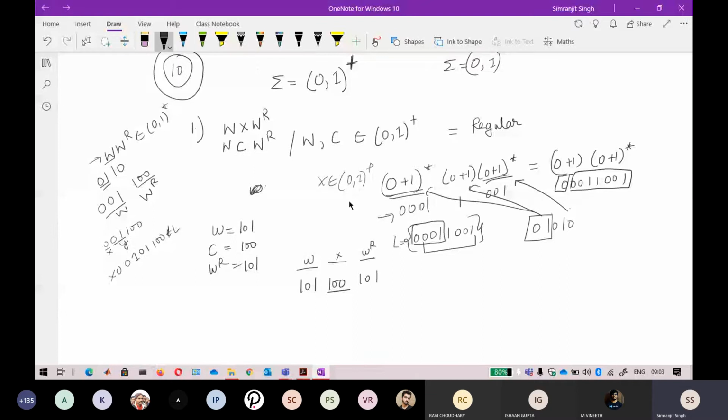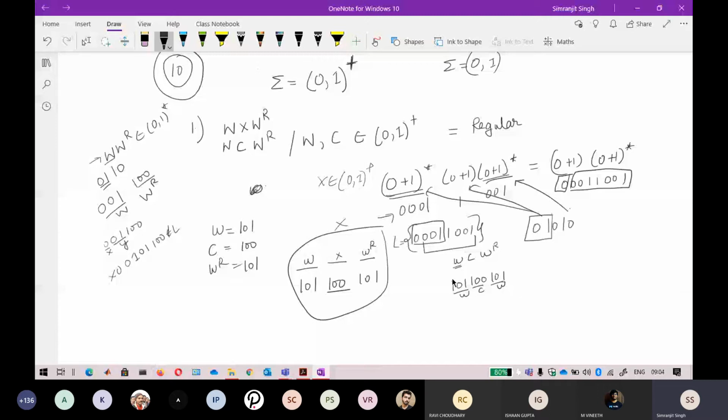If you are given a string in a continuous manner, 101, 100, and 101, and the language given to you is W, C, and WR, how can you tell which part of this string belongs to W and which part belongs to C? The main part is the identification of W. Because I derived this, you will think that W is this, C is this, and WR is this. But if you think clearly, I can also divide this language differently.